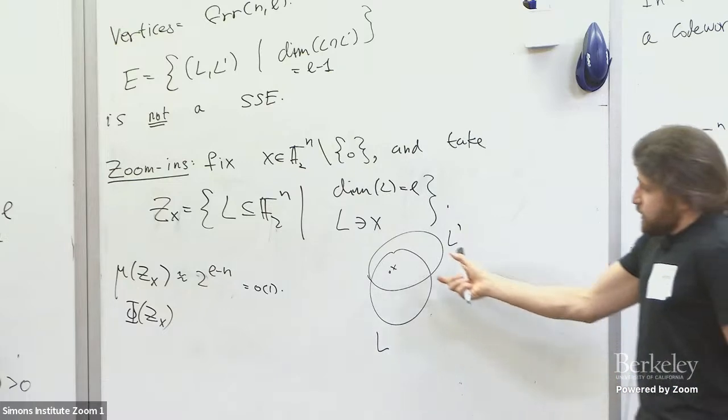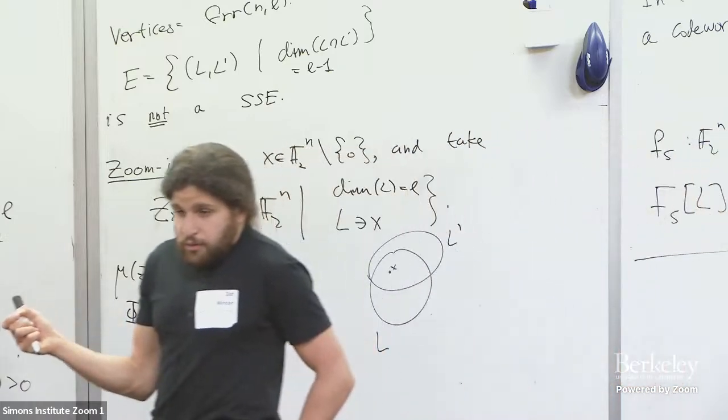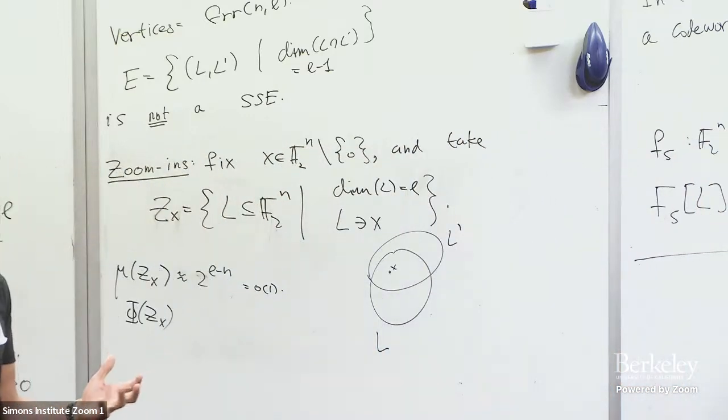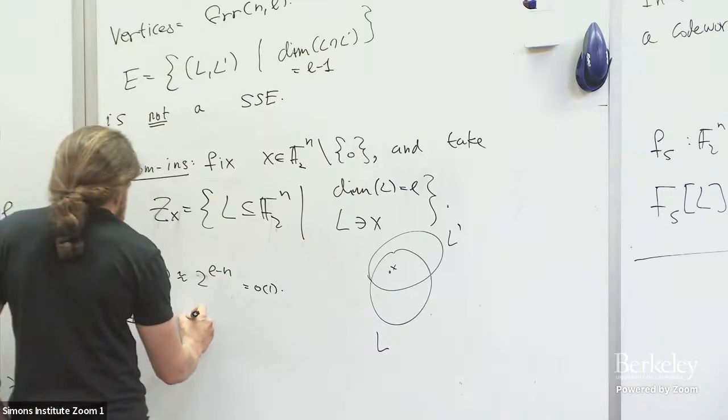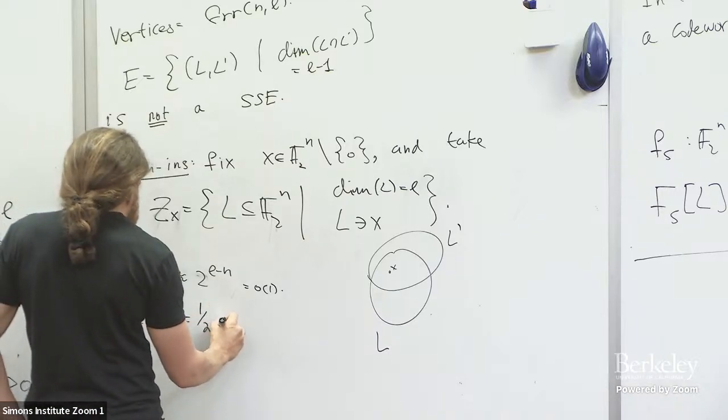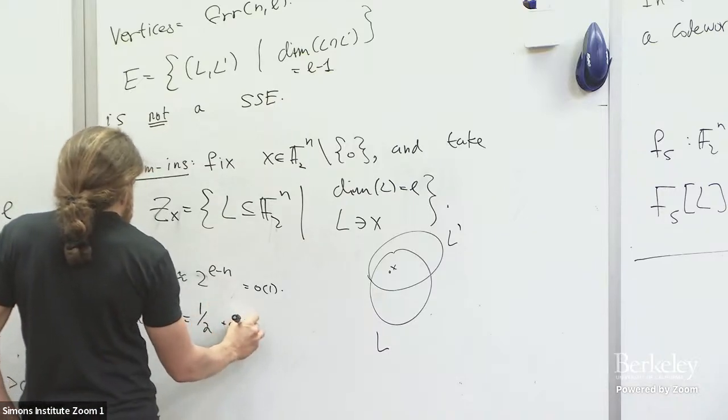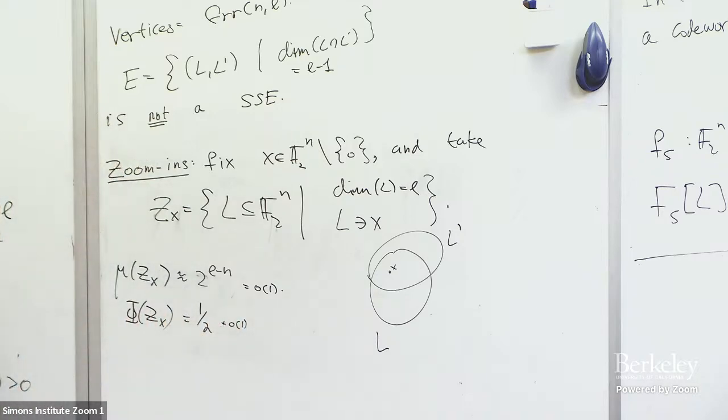Because they intersect in dimension L minus 1, they share half of the vectors, and the probability that x is one of the shared ones is just half. So when you do all of this computation, you can prove that the edge expansion is roughly half, maybe plus little o of 1. And this immediately shows you that this graph is not a small set expander.